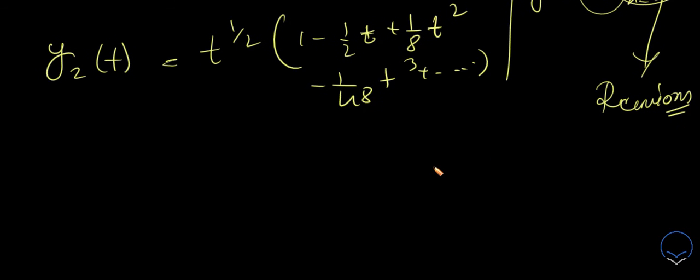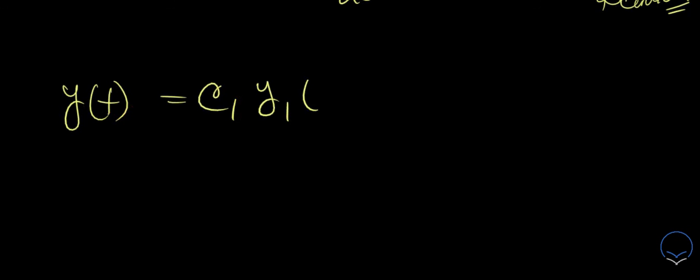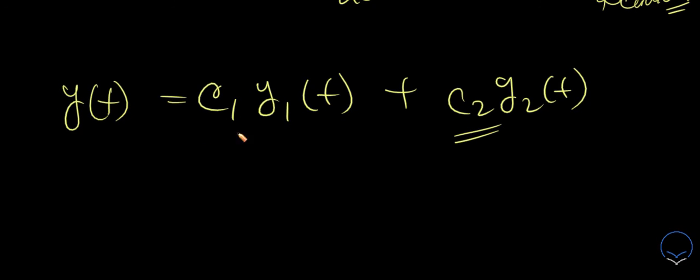And since it's a second order differential equation and we expect two solutions, and from the two recursion relationships we can obtain two y's, y1 and y2, and finally the general solution is just c1 y1 of t plus c2 y2 of t, where c1 and c2 are just arbitrary constants that are determined from the initial or the boundary value problems.